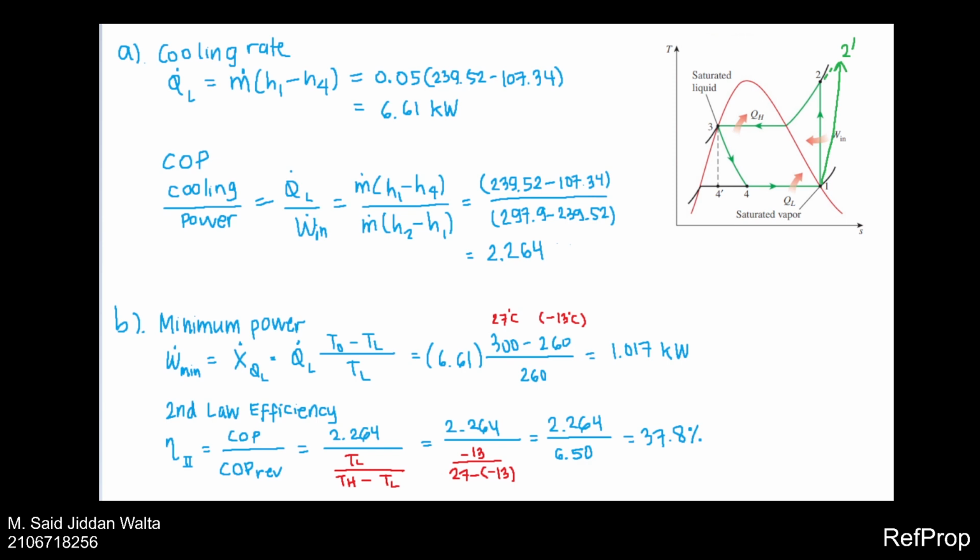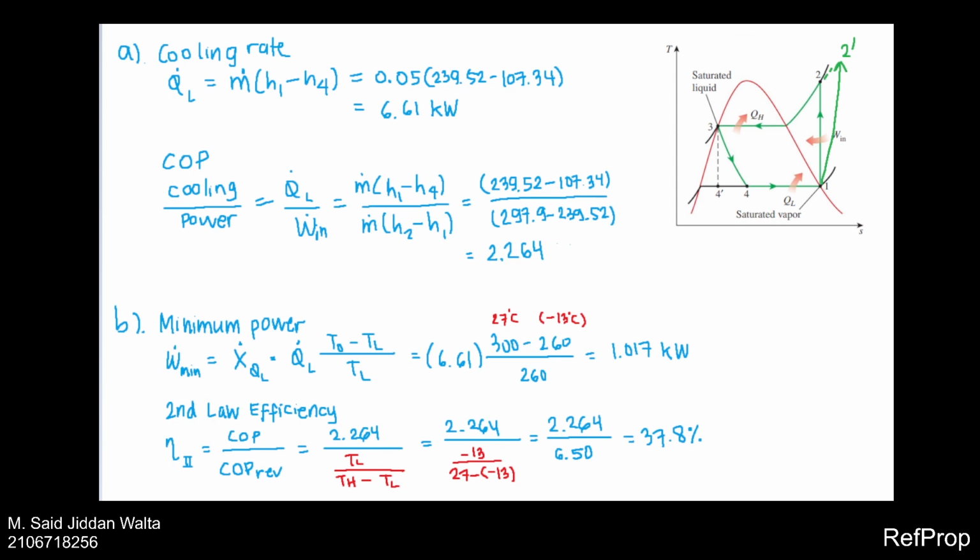The problem states that the cooling is meant to maintain the environment at minus 13 Celsius. So minus 13 over 27 minus minus 13 results in 6.500, and we can find the second law efficiency to be 37.8%.